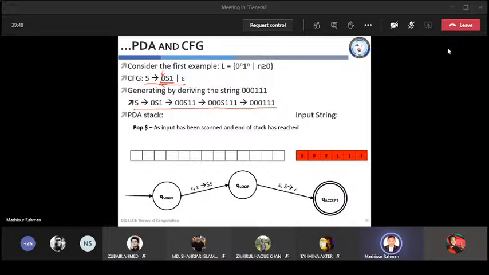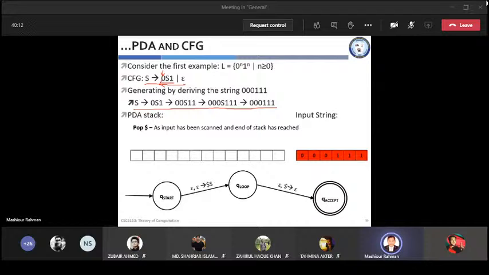And the last one is that you pop the dollar symbol. So that is the last step you do. So that's why Q start is this one, Q accept is always this one. So this is something which is almost the same for every PDA that is converted from a CFG.